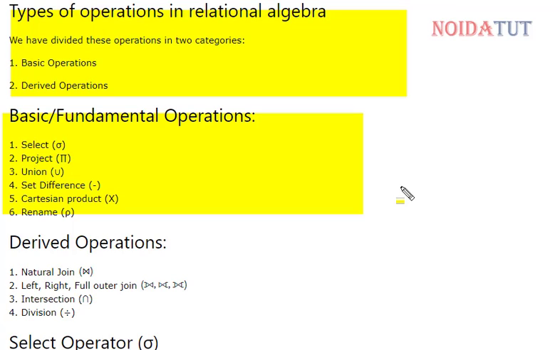So everything has a unique identification, just like you can see the sigma, pi, union, set difference, minus, cross, rho. Each has a unique symbol which is used for these operations.